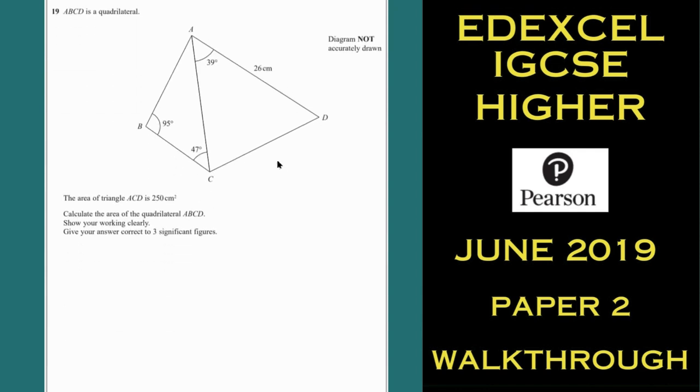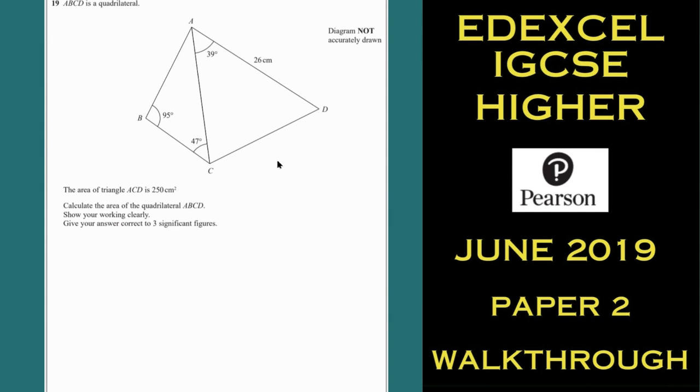Number 19. So the area of the triangle on the right is 250. The area of the quadrilateral is what's required. In other words, we need to do 250 plus the area of the triangle on the left. Now, firstly, what else do we know?